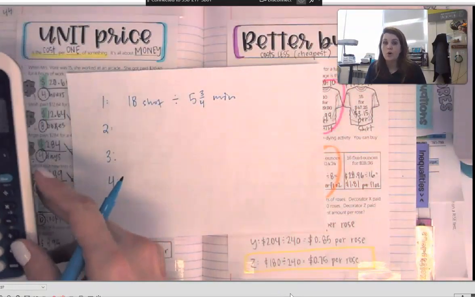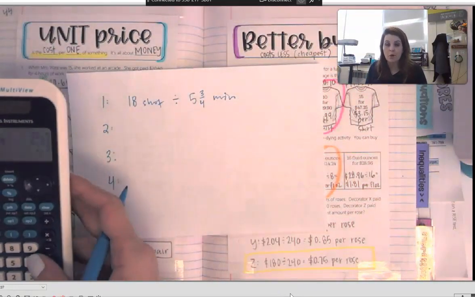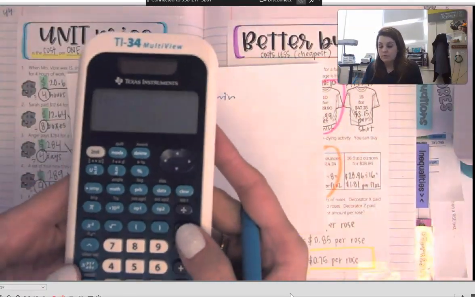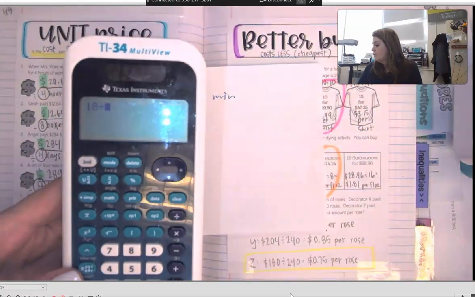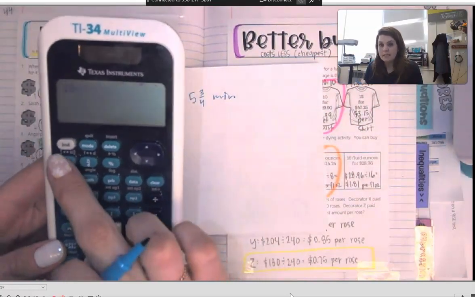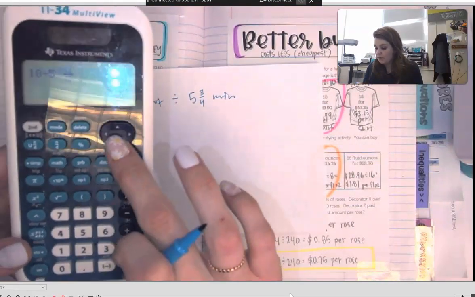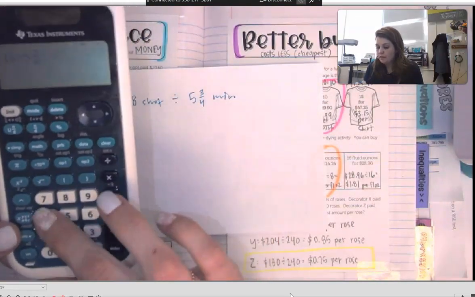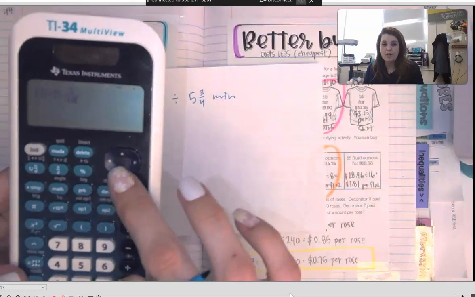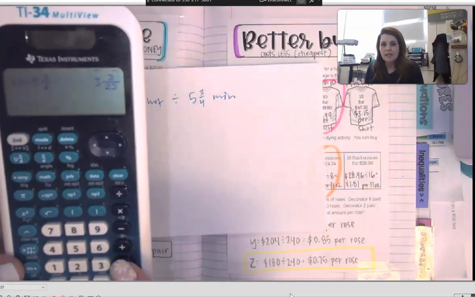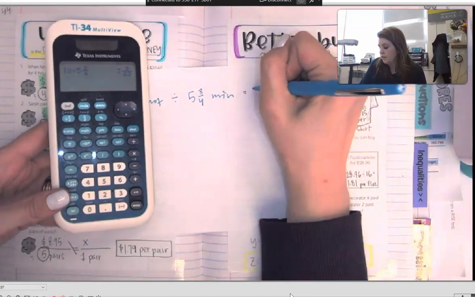I want to know how many shots am I making per minute. So I'm going to take 18 divided by, I am going to hit my mixed number button and type in 5, 3, 4. Remember, I'm using my arrows to move around in here. And I get 3 and 3/23.